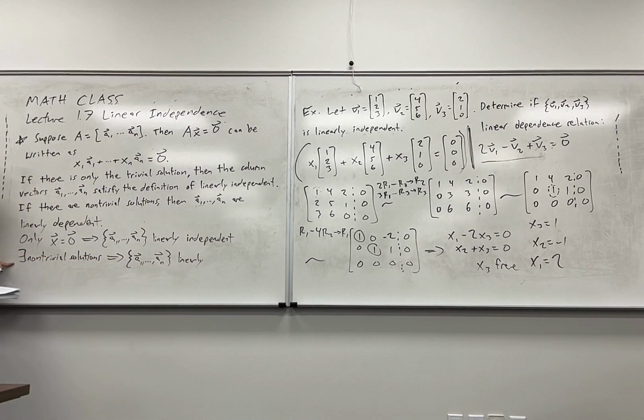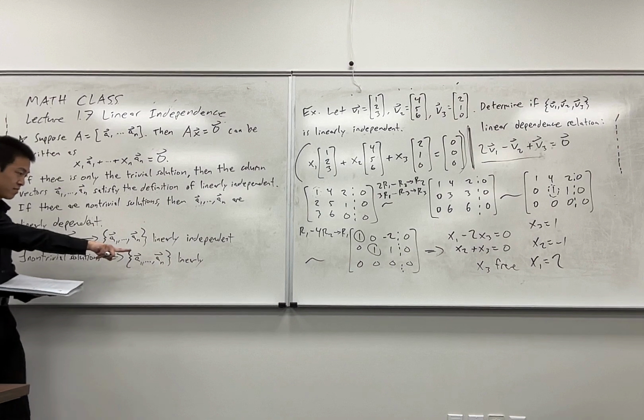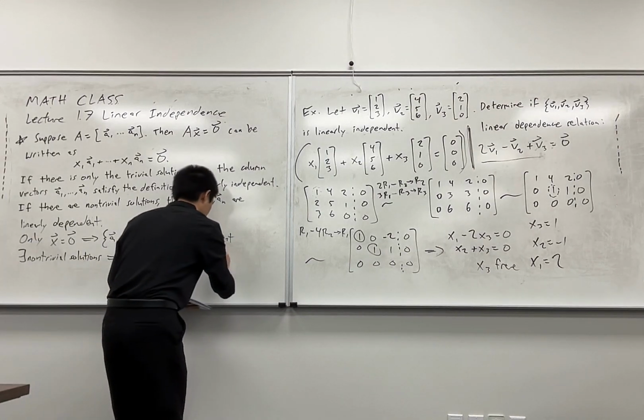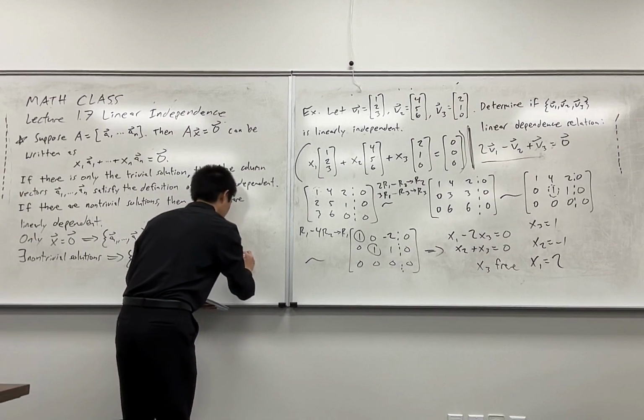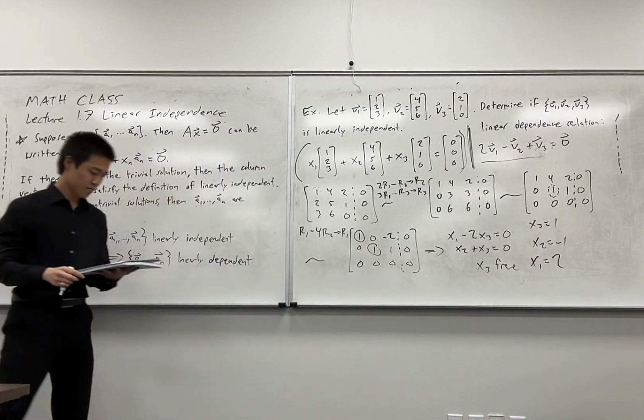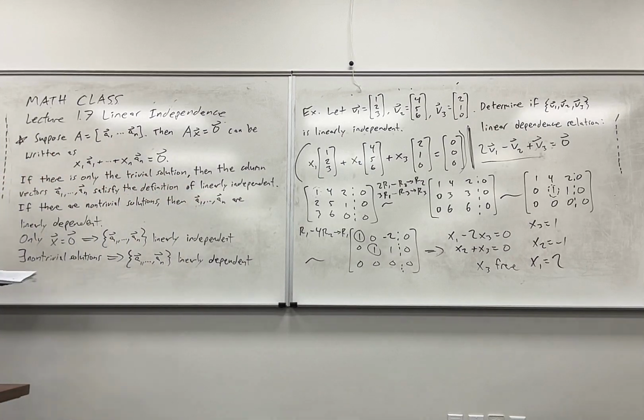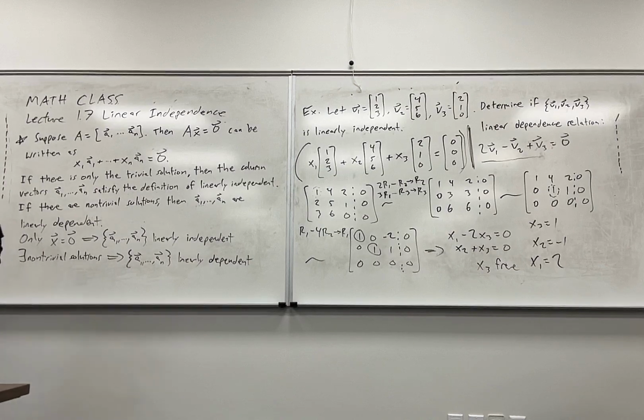Existence of non-trivial solutions means what? Dependent. Okay. So far so good. This is essentially a restatement of the definition. It's just given now through the context of a matrix A and its column vectors.